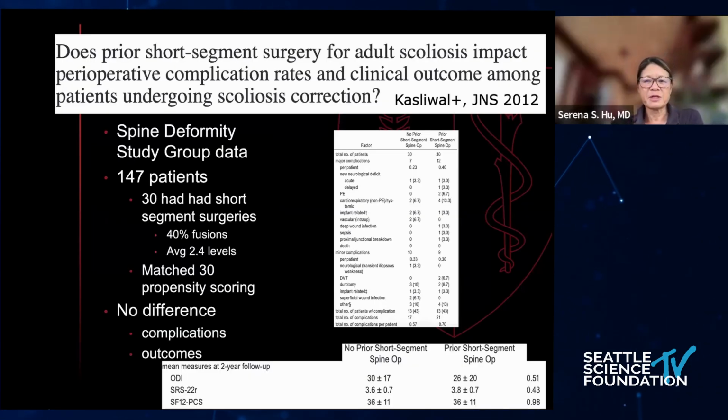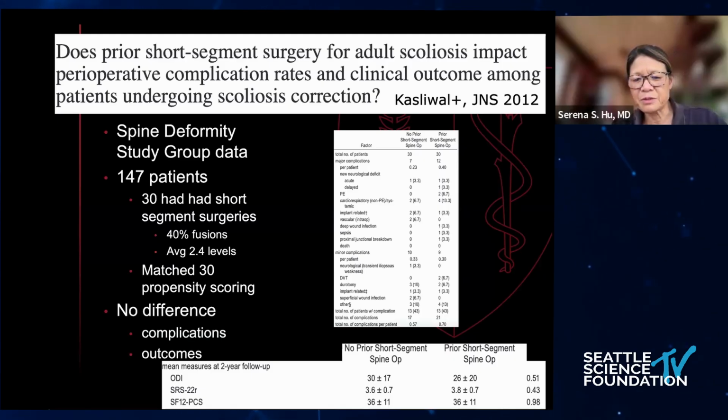The Spine Deformity Study Group was one of the early study groups, and they compared patients who had had prior short segment fusions and then had longer fusions. 30 of these patients had had short segment fusions with an average of 2.5 levels, and these were matched according to propensity scoring.